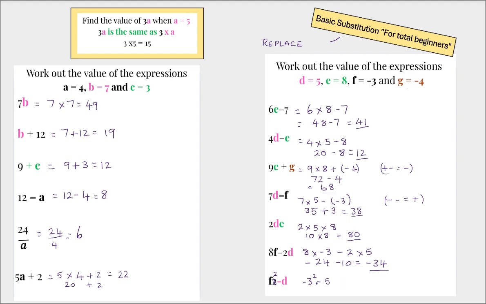Now remember, you can't have a negative squared number, so that is then going to be 3 squared, which is 3 times 3. Minus 5. Can't have a negative squared number. So the answer is 9 minus 5, which equals 4.